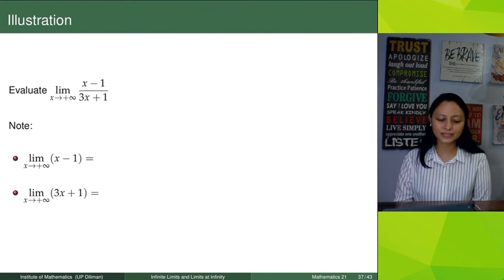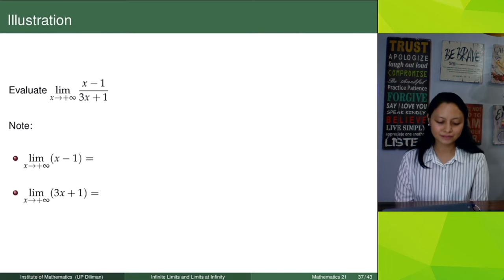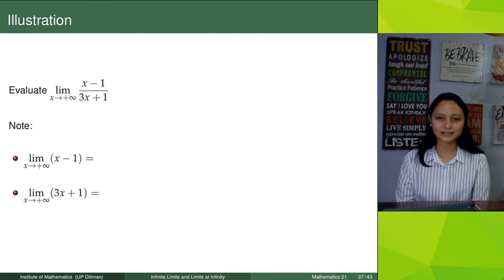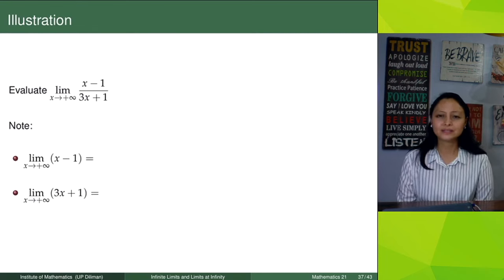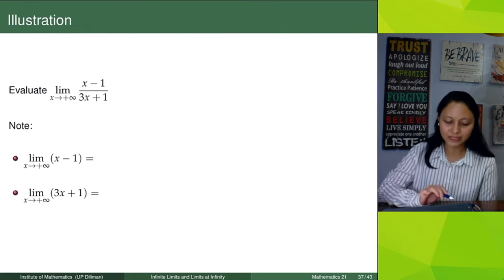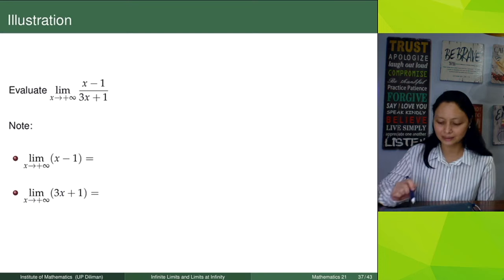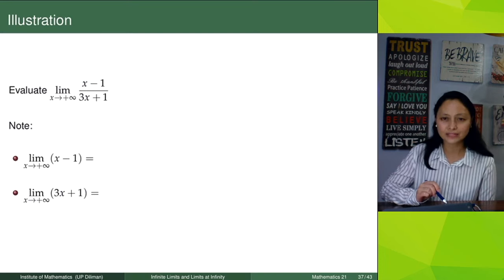Next, we want to evaluate the limit of x minus 1 over 3x plus 1 as x approaches positive infinity. Okay, sige, tingnan nga natin isa-isa. Diba, may theorem tayo na we can get the limit of the numerator and the denominator. Pero ano yung limit ng x minus 1, ng numerator natin, as x approaches positive infinity?